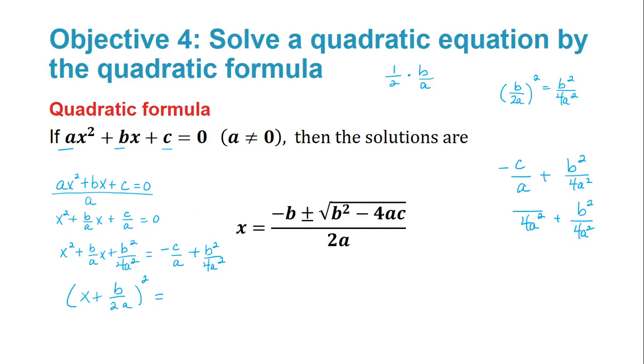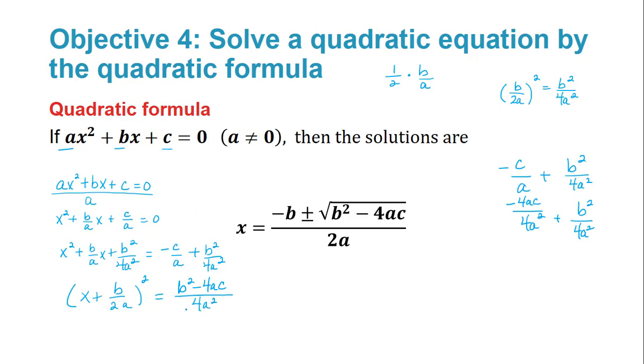And so we would say a goes into 4a squared 4a times, times negative c would be negative 4ac. So you can actually see where this b squared minus 4ac comes from, because when we add those, we now can combine them by adding the numerators. Negative 4ac plus b squared can be written as b squared minus 4ac, and that's all divided by 4a squared.